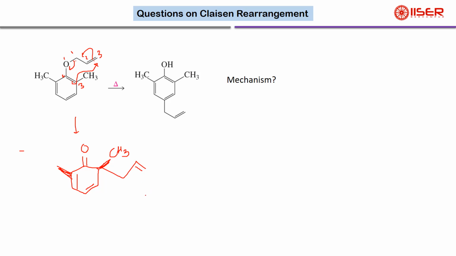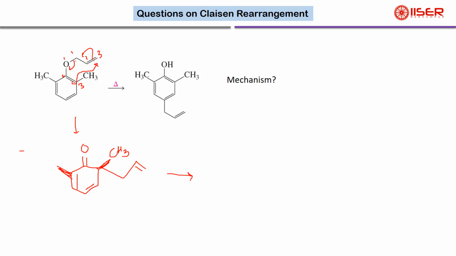So therefore, if you know about Cope rearrangement, it is similar to Claisen, a similar type of 3,3 sigmatropic rearrangement, but in the case of a totally carbocyclic ring. Cope rearrangement is when this rearrangement occurs in a carbocyclic ring, meaning totally carbon atoms are there.